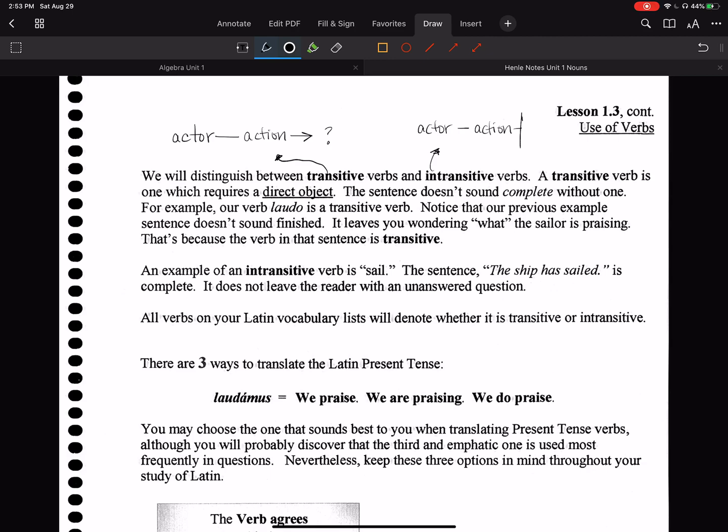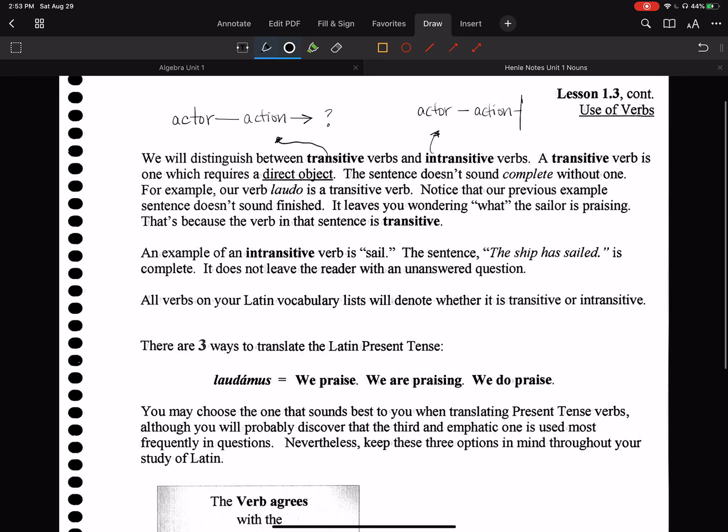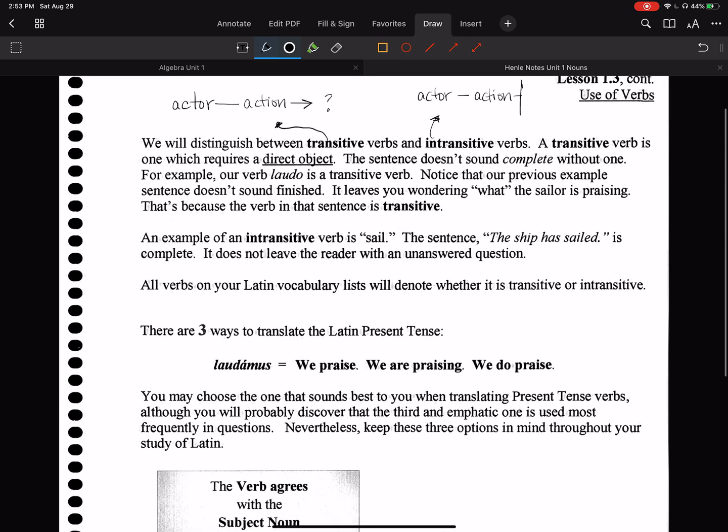There, he's actually performing the action onto something. So we're going to talk about transitive and intransitive verbs, but once again, this is not something that you are going to be held accountable for. I will point it out every time it happens because it's helpful to think about when you're trying to write Latin sentences.